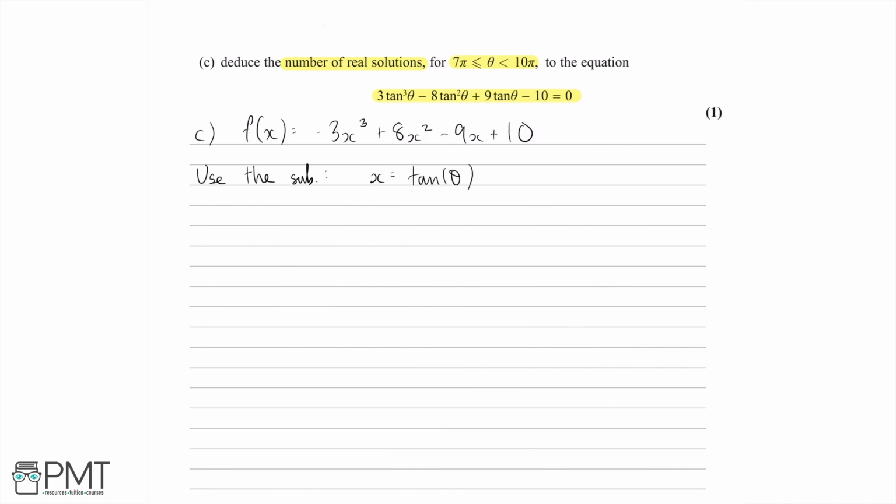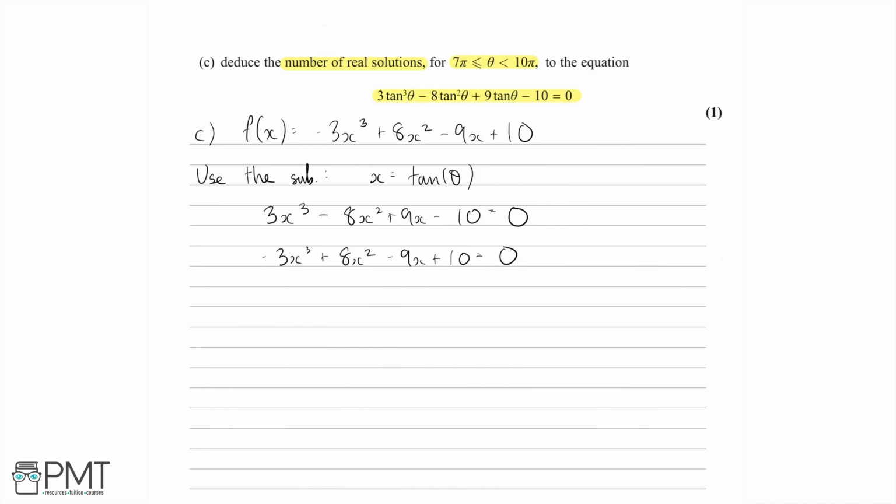Now, if we use x equals tan theta on this equation here, we're left with 3x cubed minus 8x squared plus 9x minus 10 equals 0. And now, if we times both sides by minus 1 here, so we have minus 3x cubed plus 8x squared minus 9x plus 10 equals 0, we're left with what f of x is.